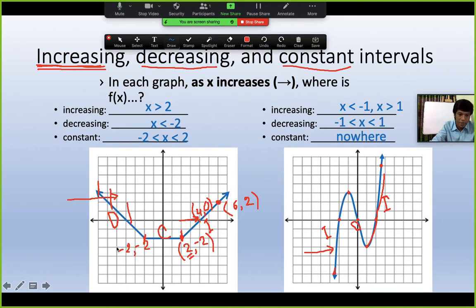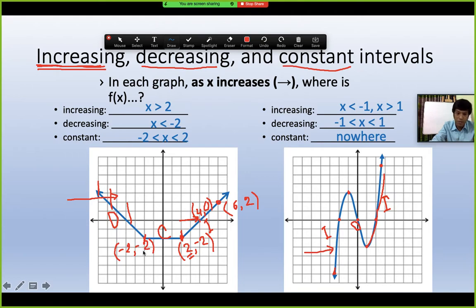Now it should be fine. You are not writing this point and this point. Can we write? You can ask me this question: can we write from (-2, 2) to (2, -2) the graph is constant? Technically this is also correct, because you are saying that from this point to this point the graph is constant.